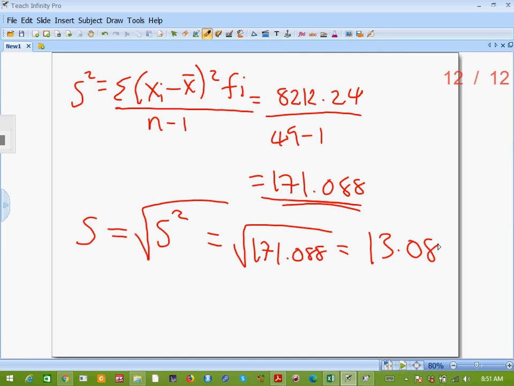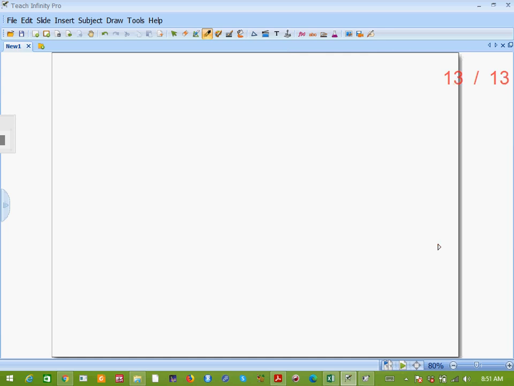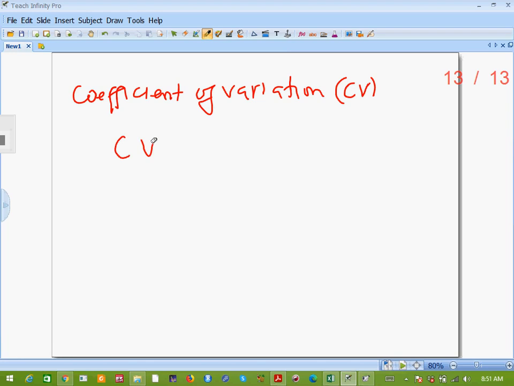And this gives us 13.08. So the last thing that we're going to do is find the coefficient of variation, CV. We know it is given by standard deviation over the mean times 100%.